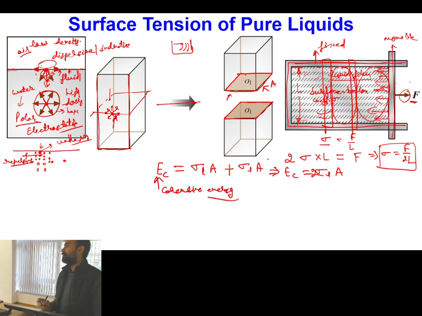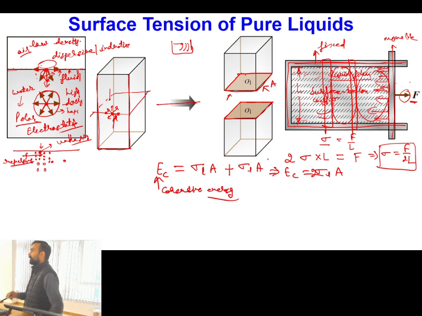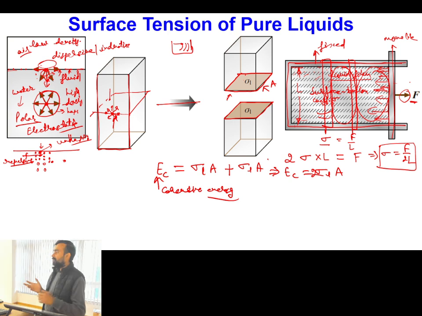Is this point clear? Whenever we make efforts to break a column of the same type of molecules, whatever final state of energy we obtain will be equal to the cohesive energy.